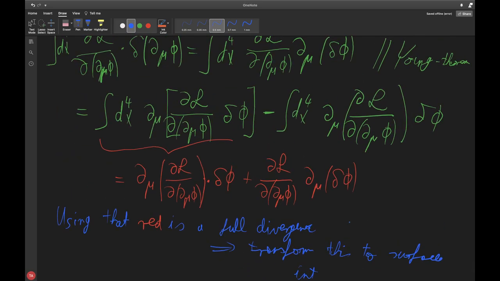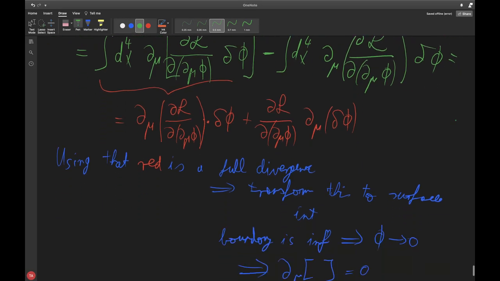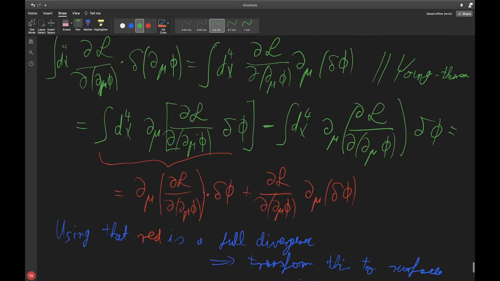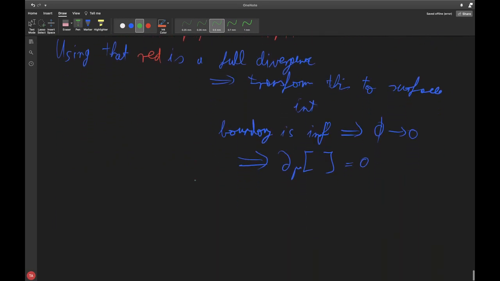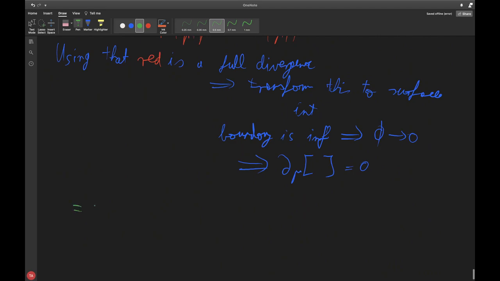So that means further equals, we continue in the green thing, if this is zero, then we are only left with this term. So that equals to the minus of the integral for this four-dimensional surface of the derivative of mu, the Lagrangian by the derivative of the field.